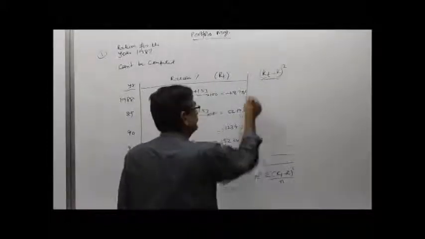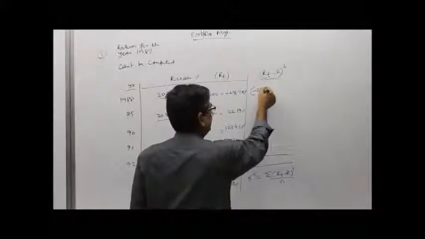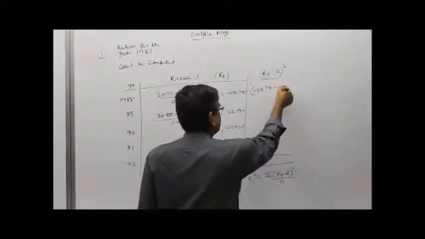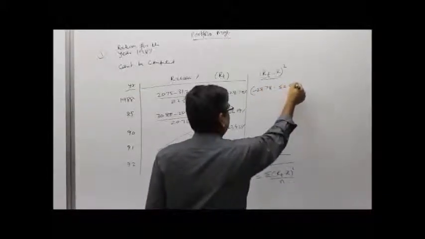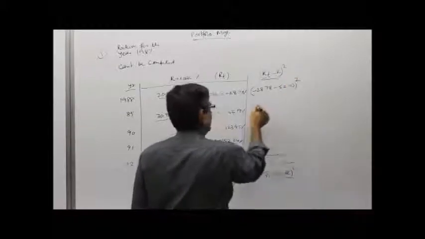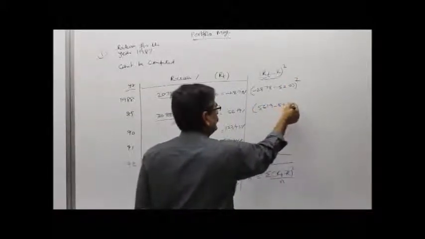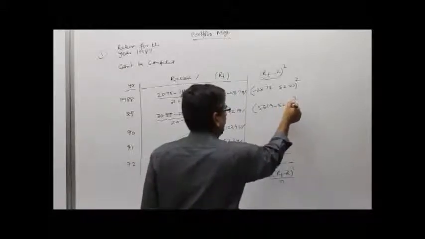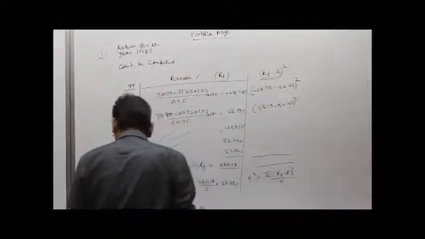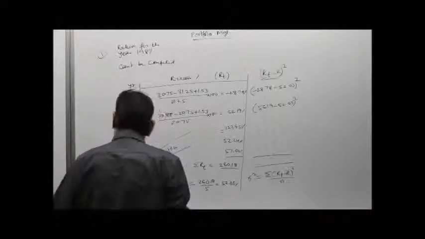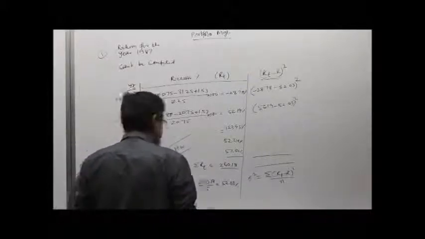With R bar as 52.03, it is minus 28.78 minus 52.03 whole square. Again similarly, 56.19 less 52.03 whole square. This way we go on adding up.